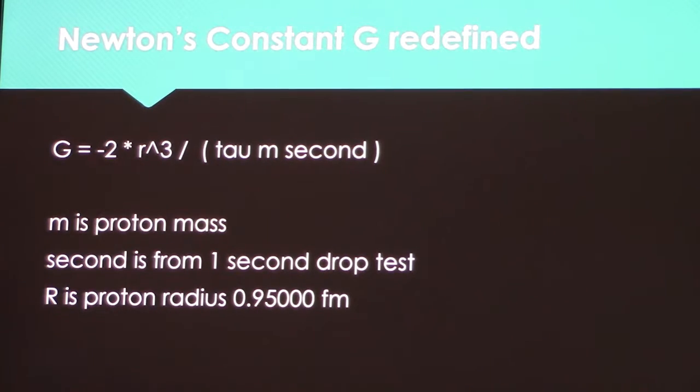So m is the proton mass, and the 1 second is in there because we did a 1 second drop test. I'll be explaining that at the end. And the proton radius, the small r proton radius, is 0.95 femtometers, 10 to the minus 15th meters.